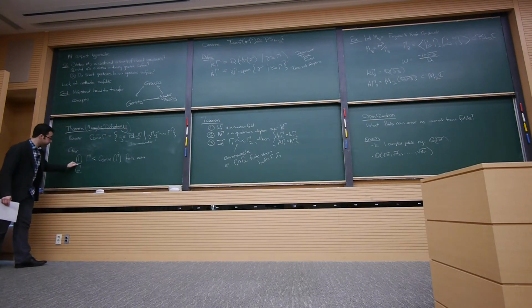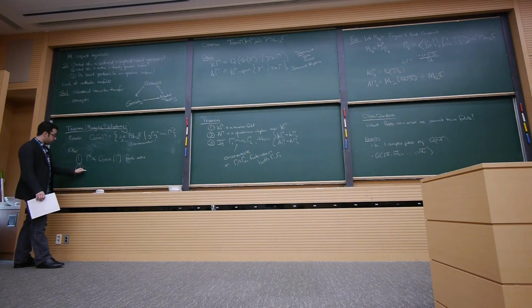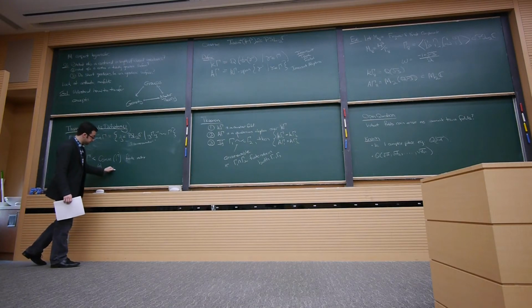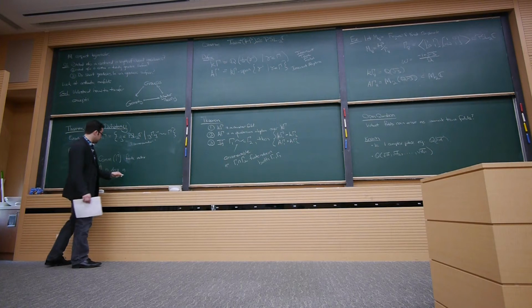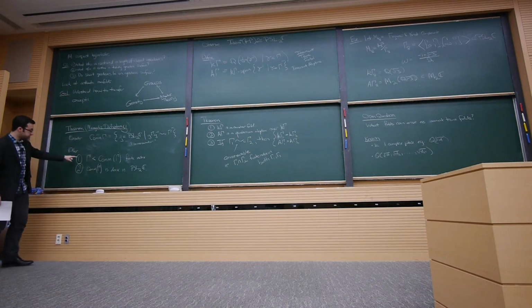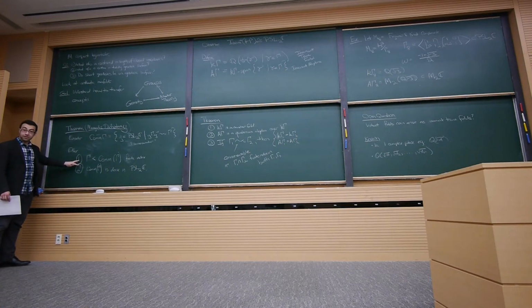Or two, the commensurator is dense in PSL2(C). So there's one of two things that can happen.